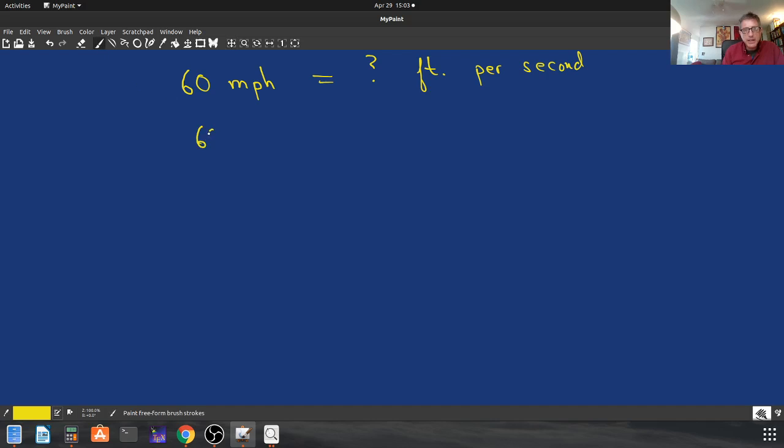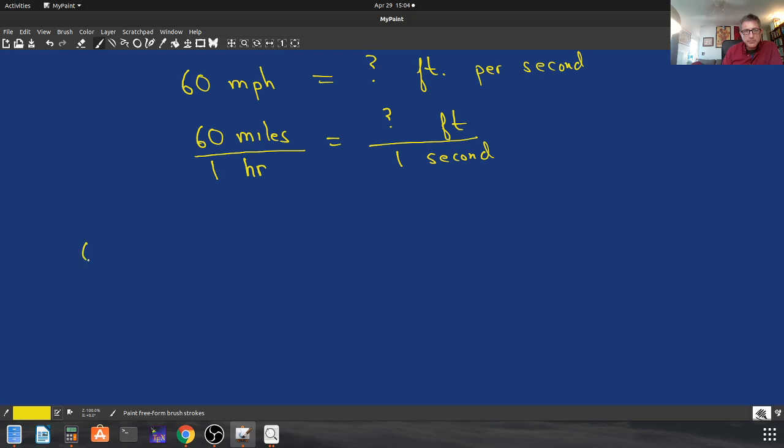That's 60 miles, and it's kind of confusing because if I write m, everyone thinks meters, so I'm just going to write miles per 1 hour. I will abbreviate hour. And that's equal to how many feet per 1 second. So what I have to do is convert miles to feet and hours to seconds.